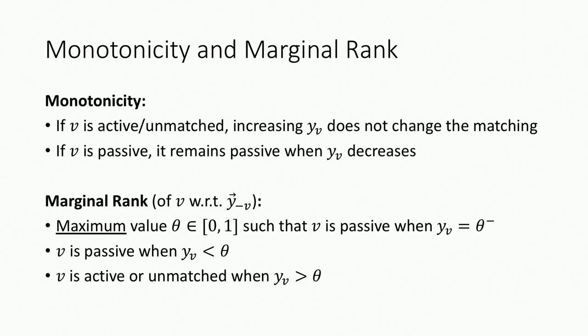We need some monotonicity property. In particular, if vertex v in the final matching is active and unmatched, what does that mean? It's unpopular, in the sense that no one chooses to pick this vertex up to this vertex's deadline. Then further increasing the rank of v will not change the matching, because it will remain less and less popular and no one will pick it, and therefore it doesn't change anything.